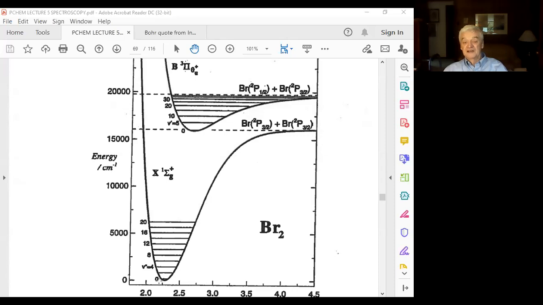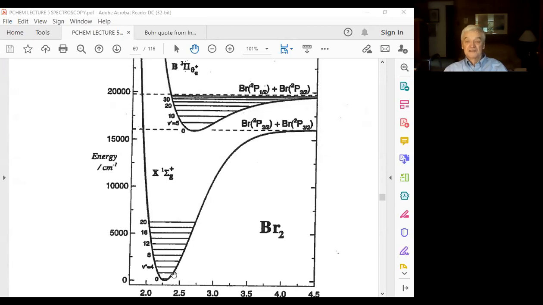When we discussed that, I also showed you what the quantum states were for vibrations. For bromine here, they're so very close together that only every other quantum state is shown. So there's v equal to 0, 2, 4, 6, 8, and so on. But the odd ones also exist. v equal to 1 exists, v equal to 3.